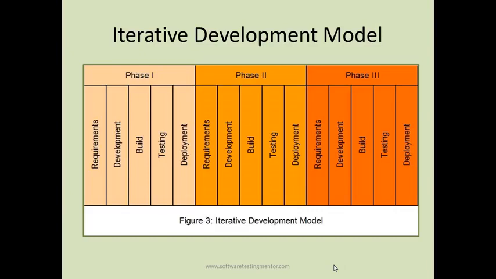And then in phase 2, on top of whatever you have built, tested, and deployed, you again capture new requirements, develop them, build them, test them, and deploy them again. All right, so that's how the iterative development methodology is done. You have time-boxed iterations, and you do all your development activities in those time-boxed iterations.